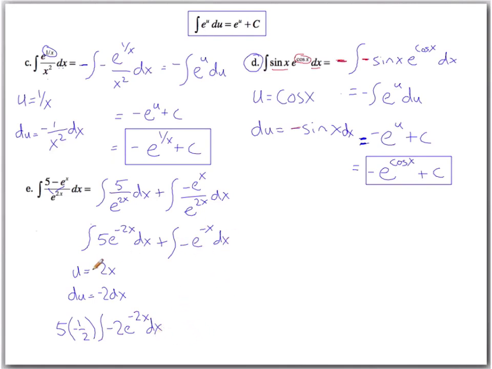And for this one, since we already used u, let's go ahead and use v. We can use any letter there. And we'll just let that equal negative x. And so dv is going to be equal to negative 1 dx. And you can see negative dx is already there. So we don't need to rewrite this one at all.